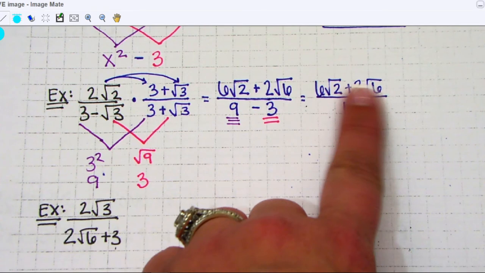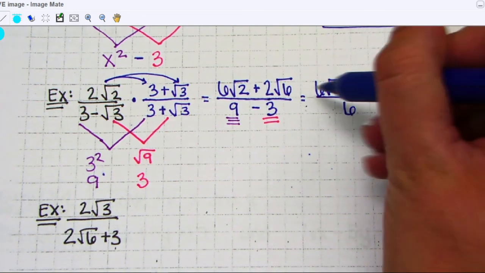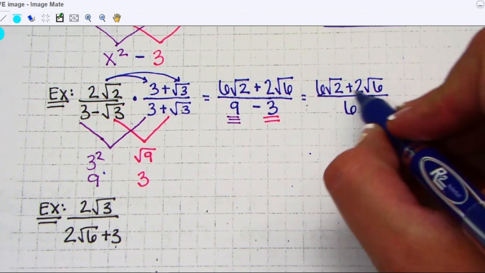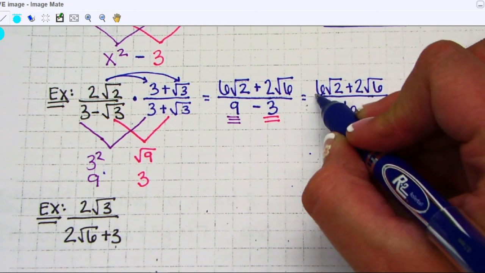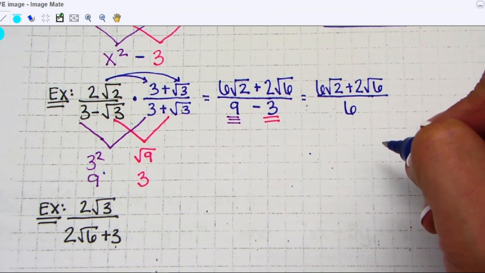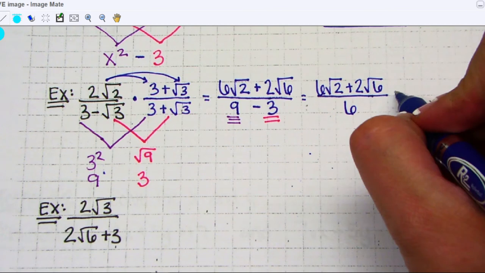So 6 is not my GCF. What is the GCF here? Looking at 6, 2, and 6. What can I pull out at the top? I got 6 and 2. What's my GCF? Because we can cancel stuff, but we can't cancel yet.